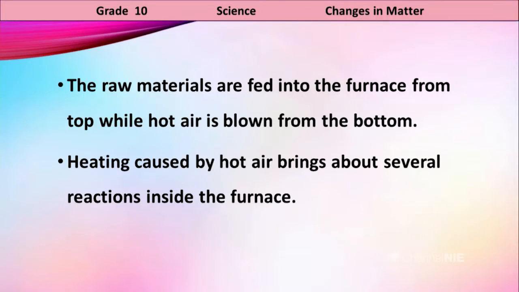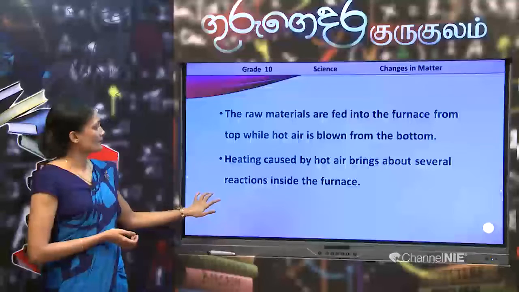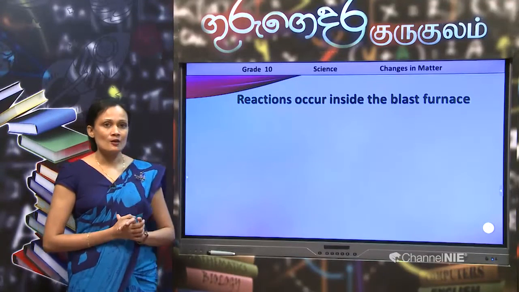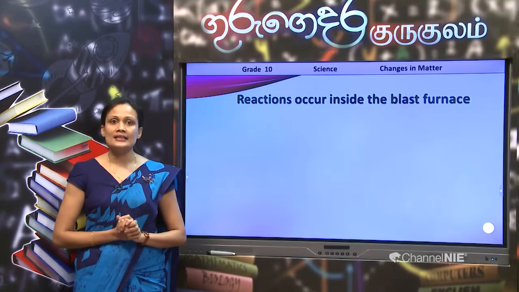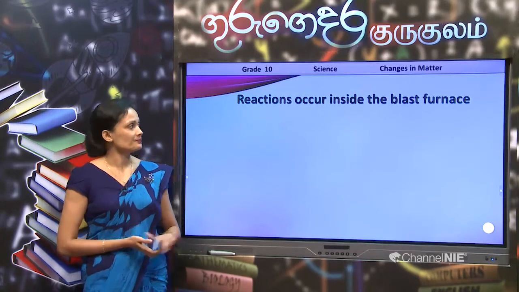The raw materials are inserted into the blast furnace from the top while the hot air is blown from the bottom. The heating caused by hot air brings about several changes inside the furnace. Let's see what reactions occur inside the blast furnace.